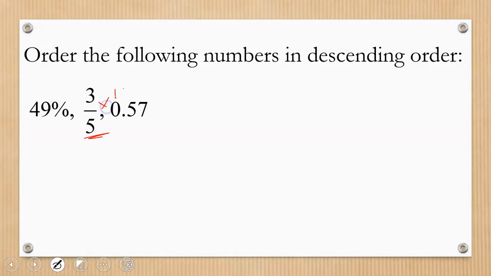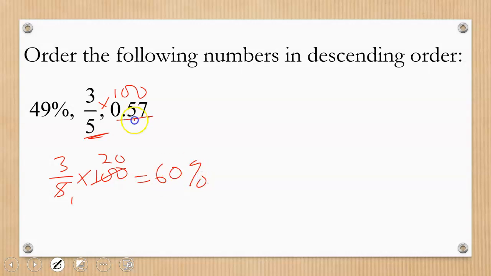So I multiply 3/5 by 100, and 5 can divide itself as 1, 5 can divide 100 as 20. 20 times 3 is 60, right? So I have 60%. Then for this one, I move the decimal point twice. 0.57 moves 1, 2. Okay, so that will give me 57%.